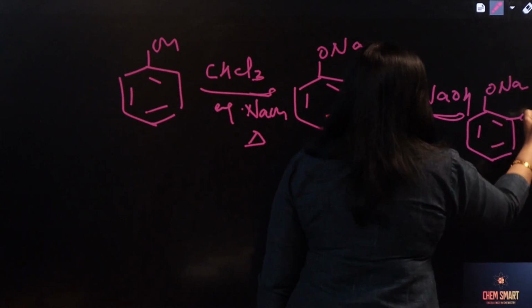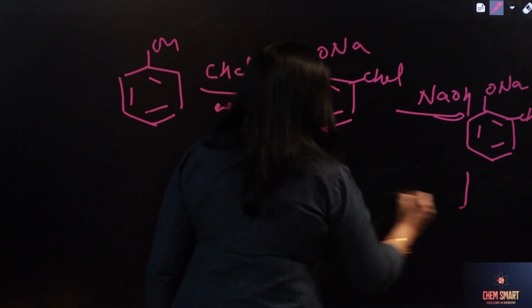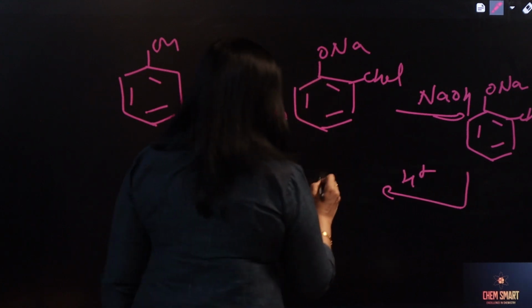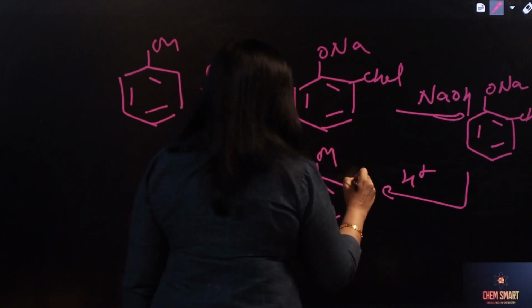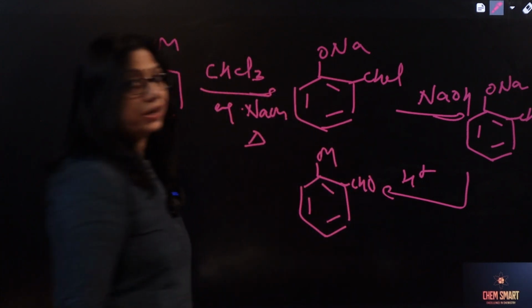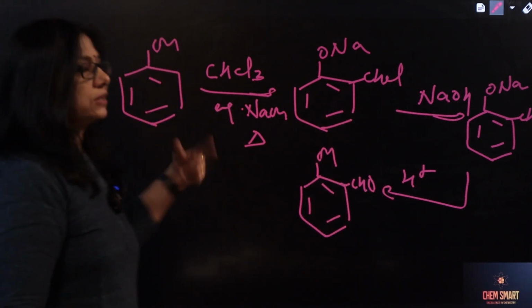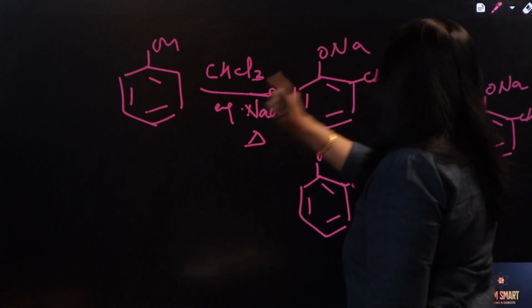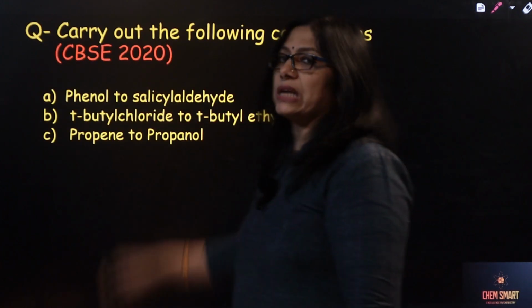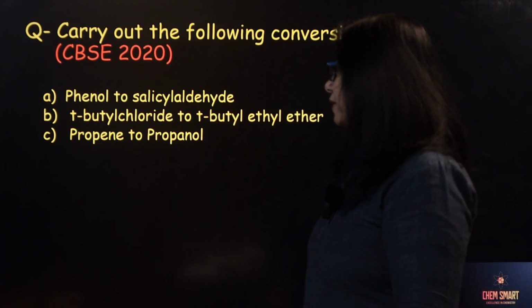We have discussed the same thing in the last session also. On further acidification, you will get OH and CHO, that is 2-hydroxybenzaldehyde or 2-hydroxybenzenecarbaldehyde, which is salicylaldehyde. So this is the Reimer-Tiemann reaction. Practice very well. So phenol to salicylaldehyde is completed. That is what you have to write for 1 mark.